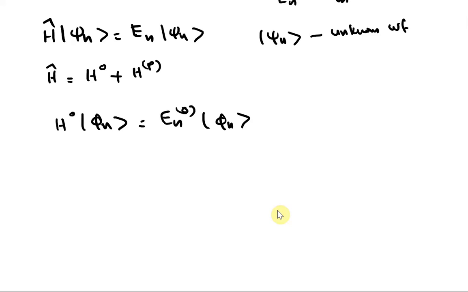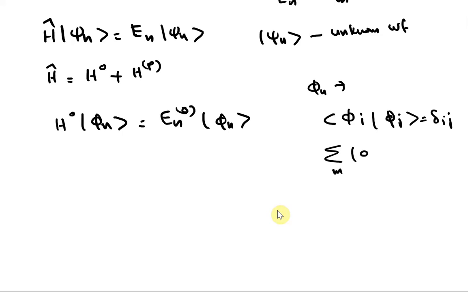We have taken the space as orthonormal, so phi i phi j equals delta ij, and the completeness condition, sum over m of phi m phi m, gives you 1.